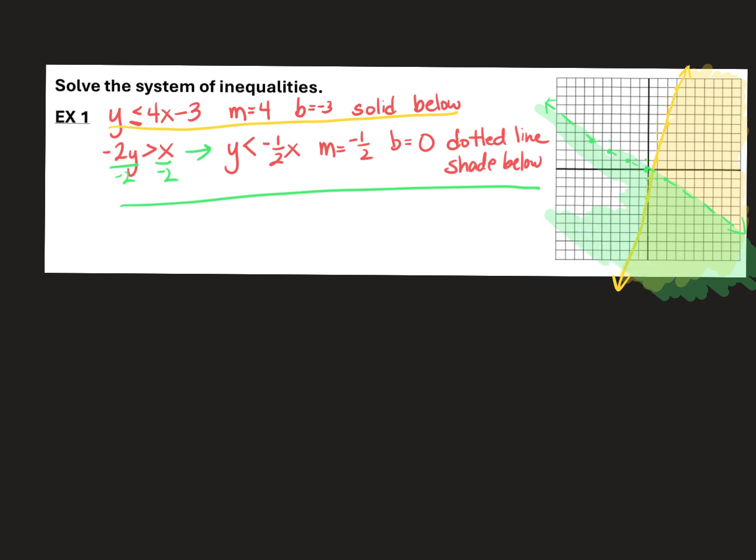So hopefully you can see that this region here, I'm going to highlight the region in red, that's the solution. That this region here is where the shading intersects. So the red will be my solution. Sorry about that.